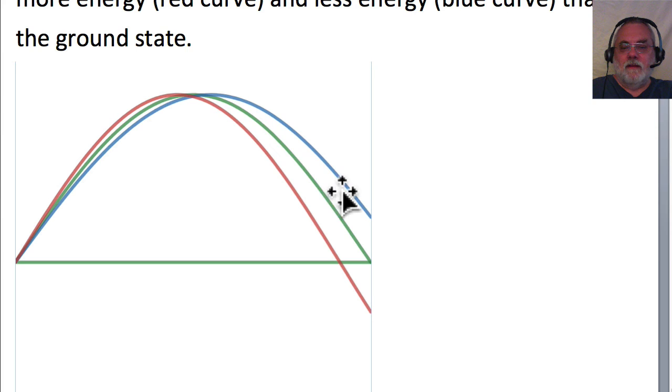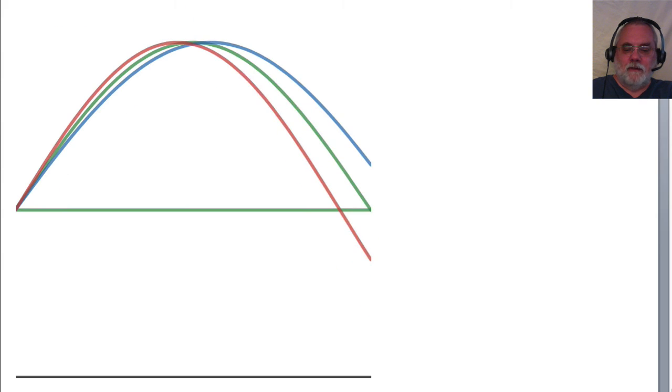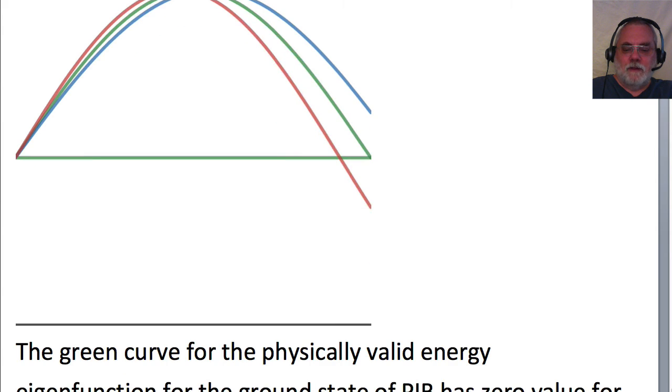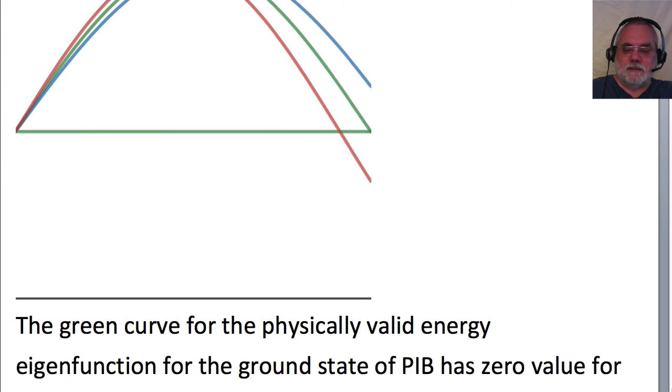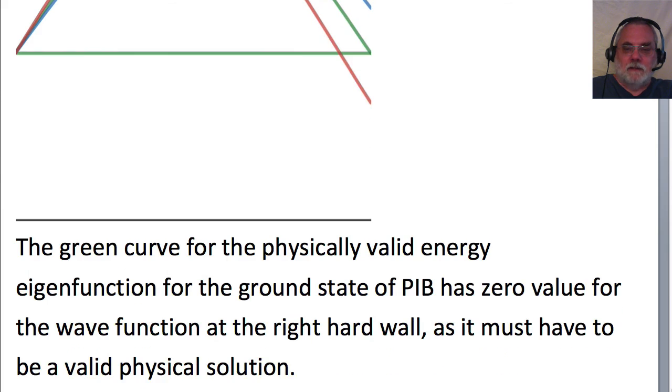And when we get to x equals L, those wave functions do not have value 0 at the right hard wall. The blue curve has lower energy than the green curve, less curvature toward the axis, but the wave function is not 0 at the right hard wall. This solution for the energy is not a physically valid solution.